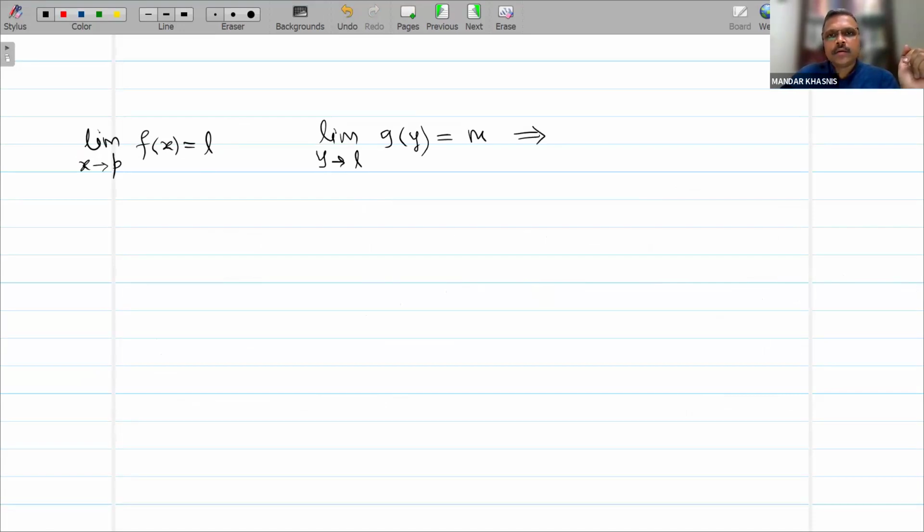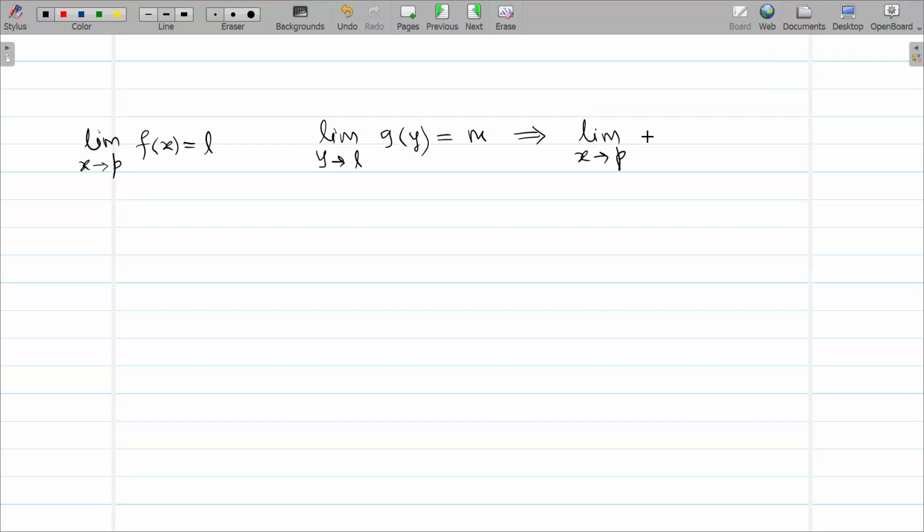Then what can you say about this limit? You know what I am going to ask? Can you frame the question? Correct, composition. I'm going to ask about g composed with f of x.